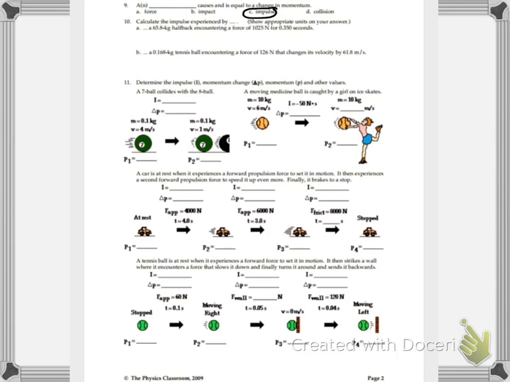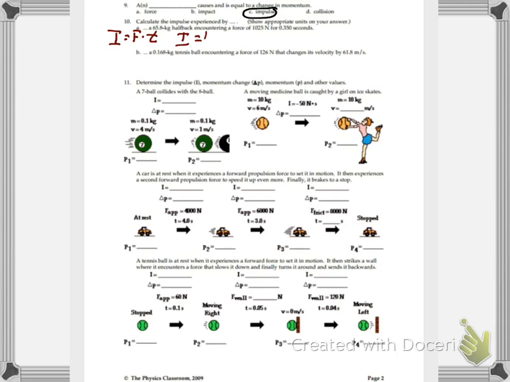So now we want to calculate the impulse experienced by a 65.8 kilogram halfback encountering a 1,025 Newton force for 0.35 seconds. So impulse is the same as your force times your time. So we're given two of these values.